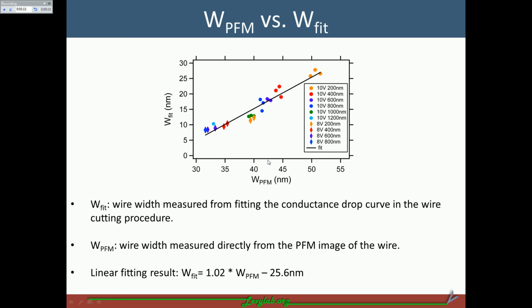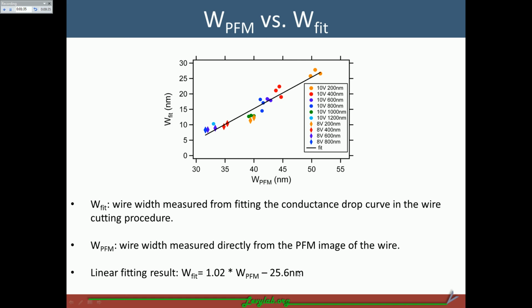And then you say, we repeated this 25 times under different conditions, and this is the relationship. Okay. Yeah. Because WPFM, WFIT, people are going to tune out. They don't know what that means. Don't expect them to remember what your symbols mean. Okay. So you want to help them as much as you can.